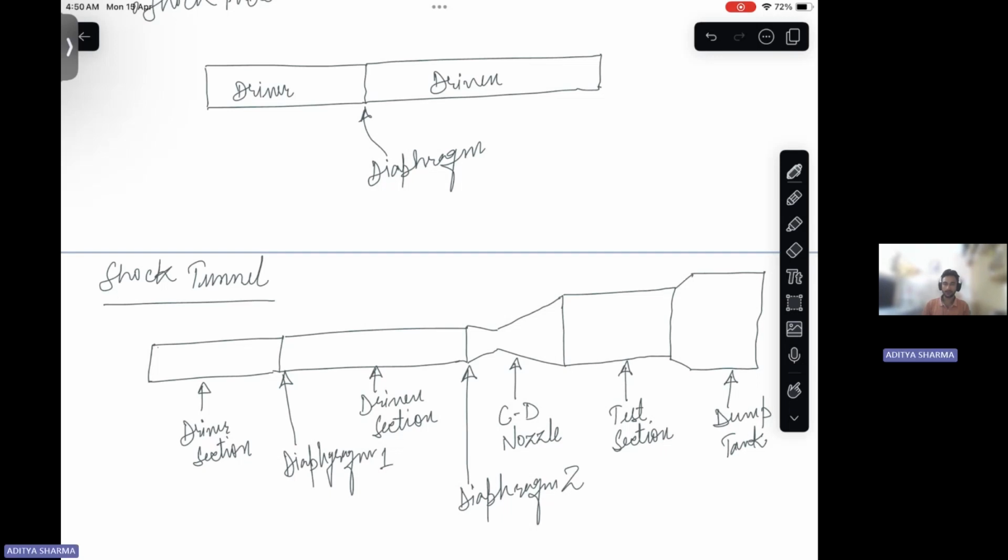And then the shock wave from this reaches the second diaphragm, right? And then this diaphragm bursts, and then the flow travels in the CD nozzle, and from there it enters the test section, right, where we have our aerodynamic models for study.